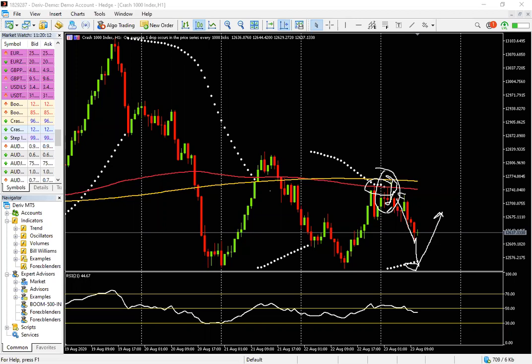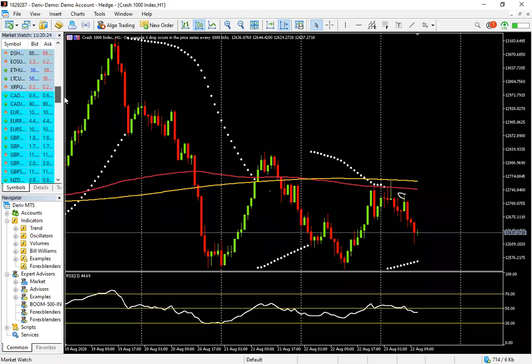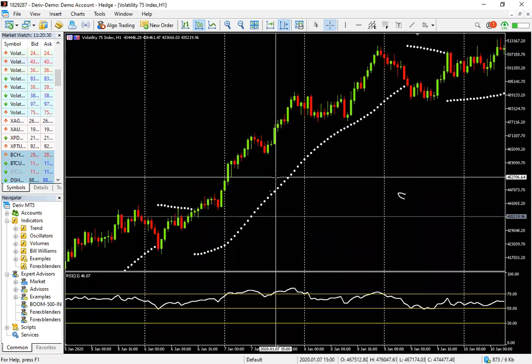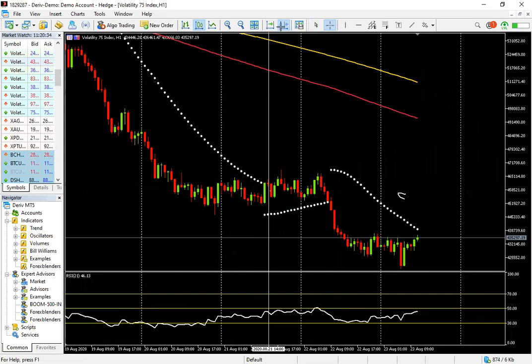Crash 1000. Let's try to analyze Volatility 75. So I'll go to Volatility 75 and see what we have there. This is 50, this is 75. This is the 1 hour chart.